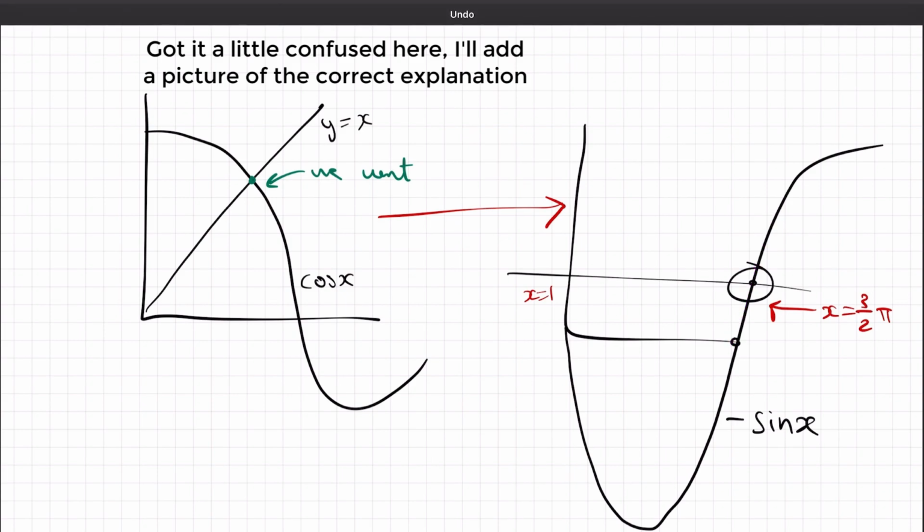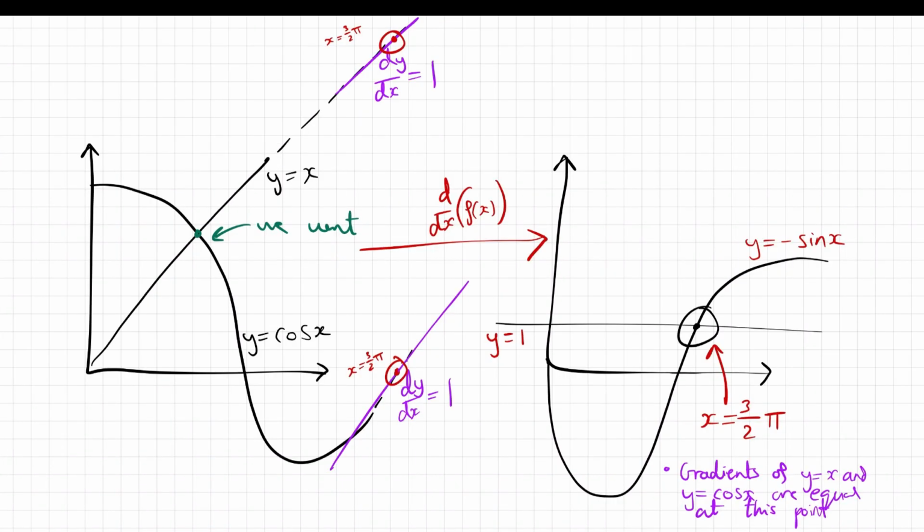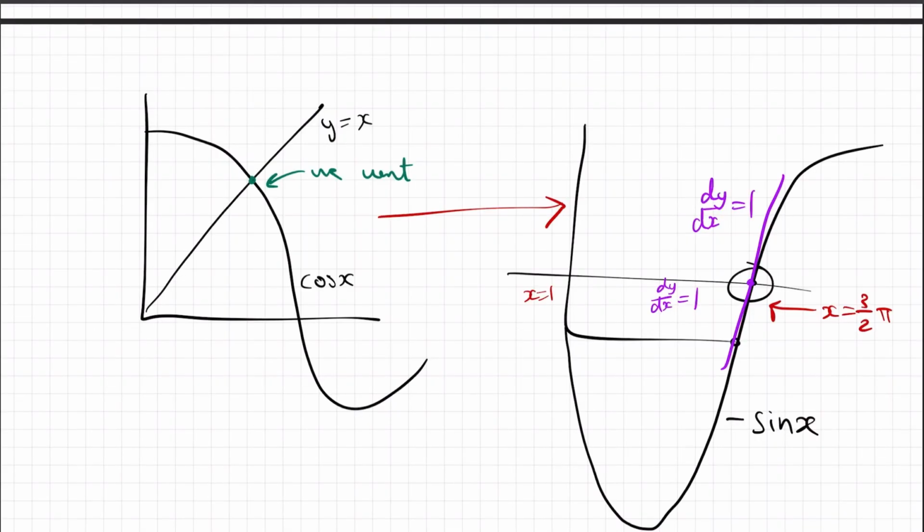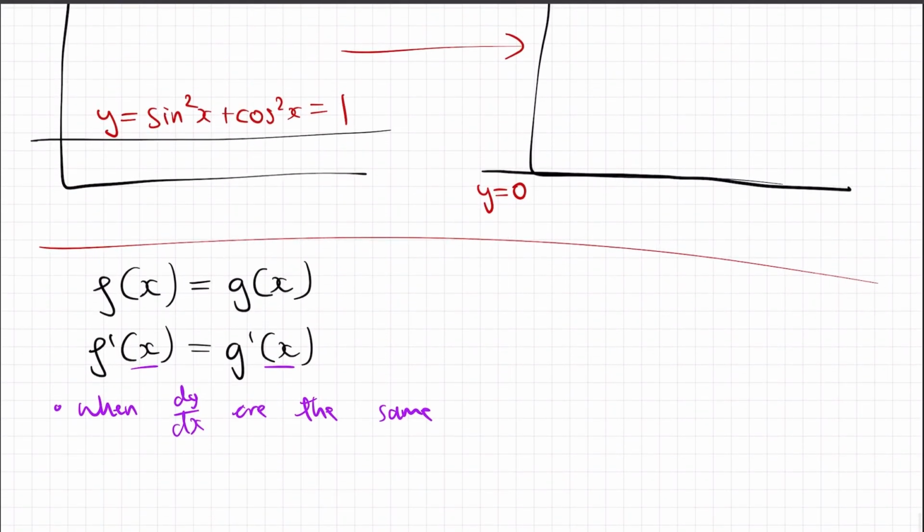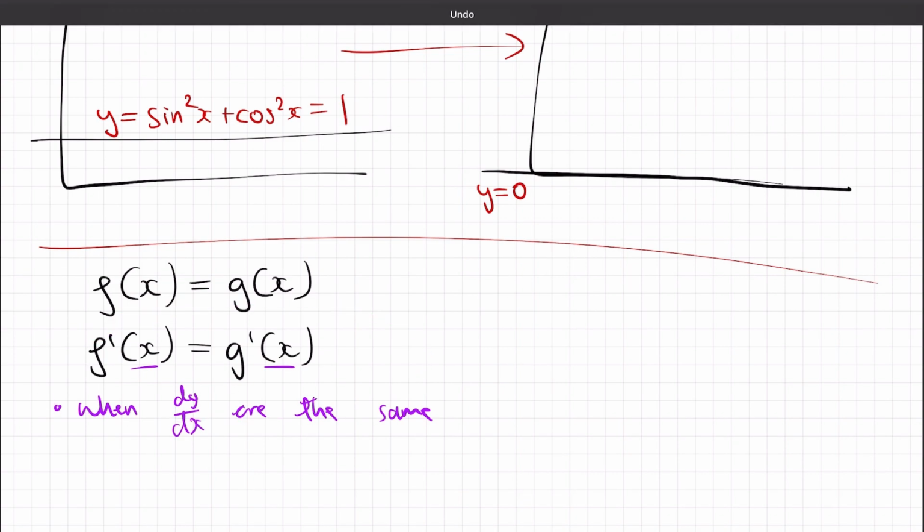Sorry, this is the wrong graph. You're not really solving for this x anymore. You're solving for when the gradients are the same instead.